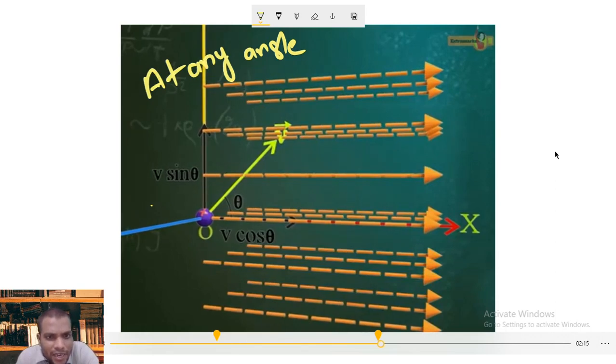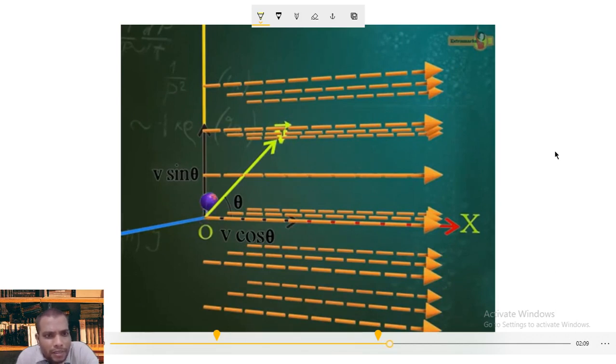If a positive charged particle's velocity is resolved into two components, the horizontal component and the vertical component both play a very important role in getting a different type of motion.